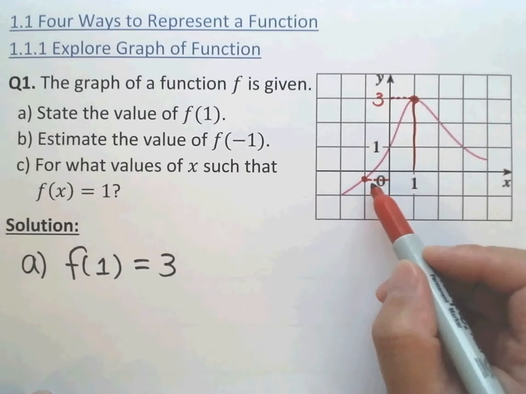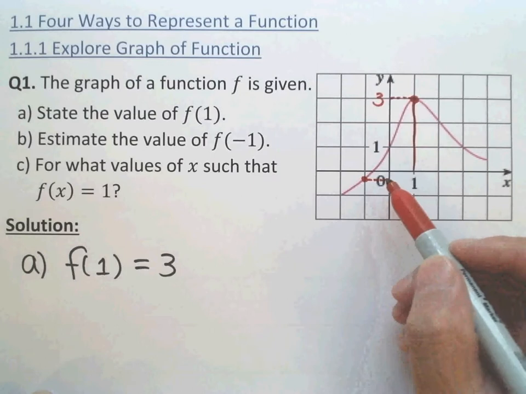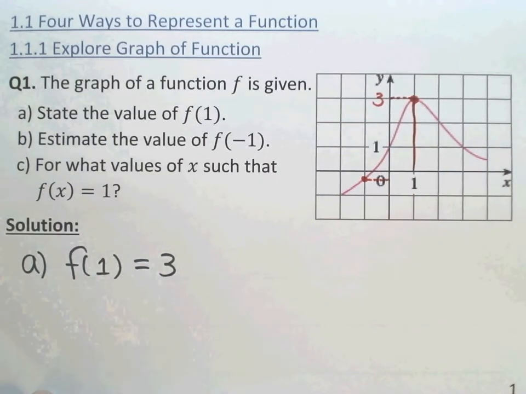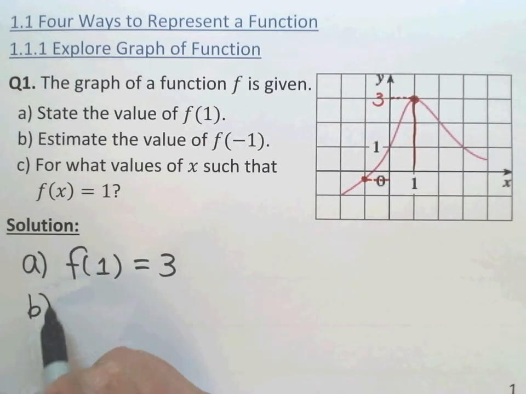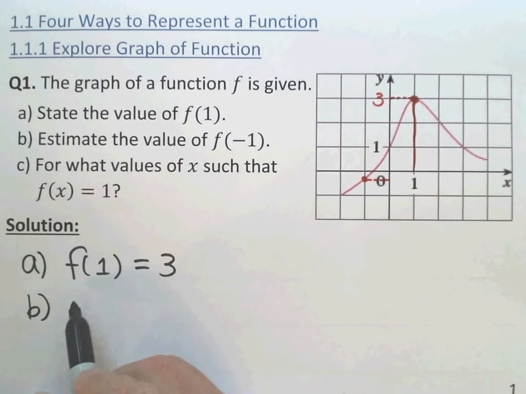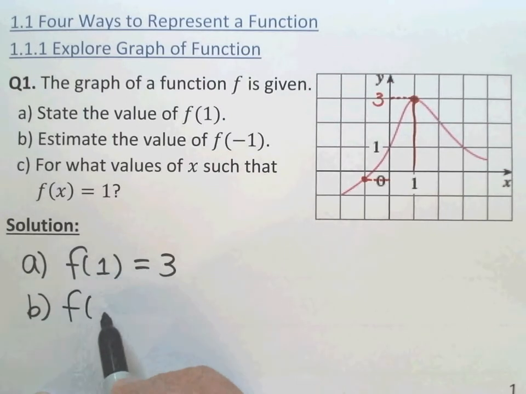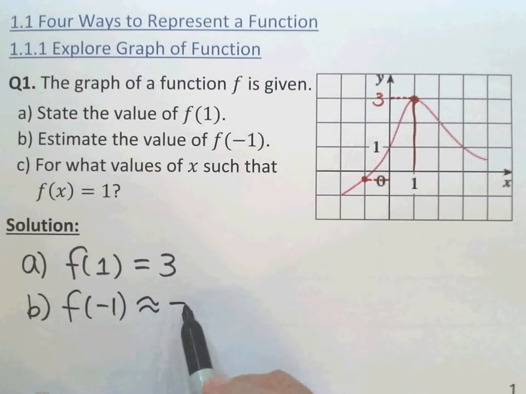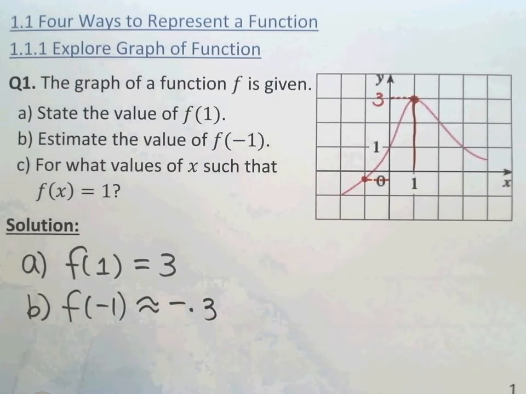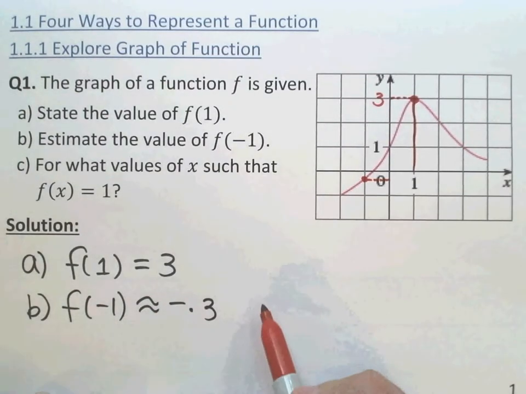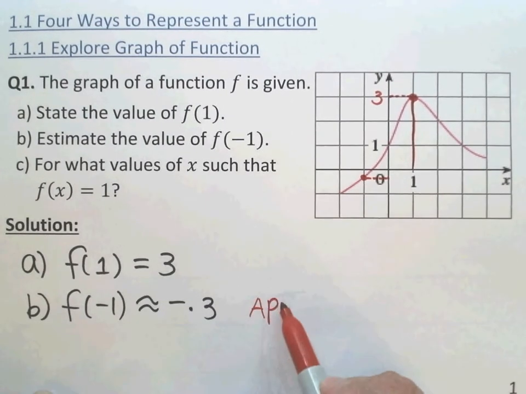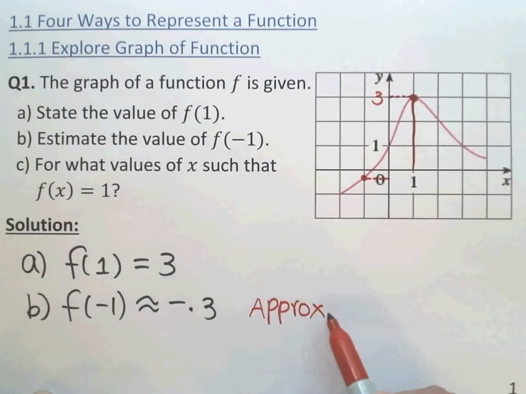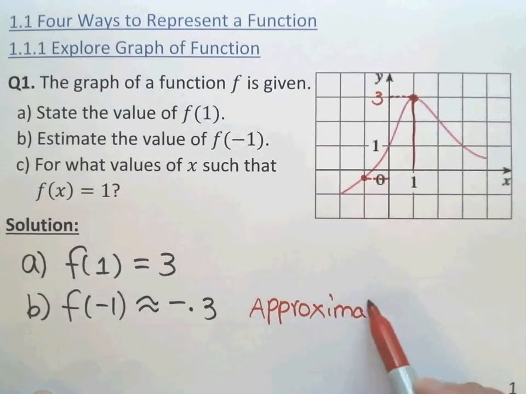So probably we can say it's -0.3, approximation only. So for this second question, f at -1 is approximately -0.3. Only an approximation.